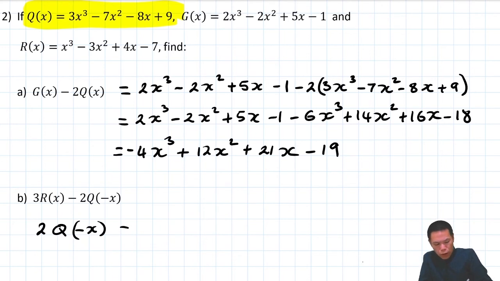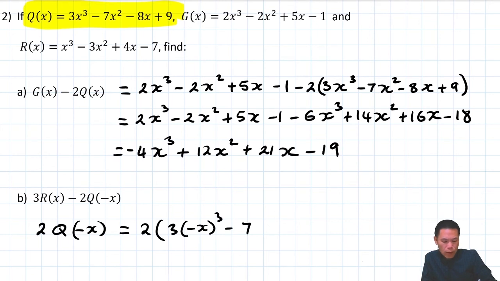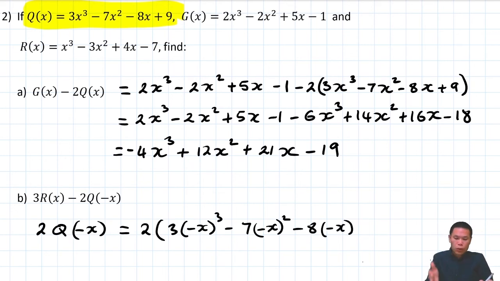And I just write equal to bracket 3x to the power of 3, which is 3 times negative x to the power of 3. And then minus 7x squared, which is negative x all squared. And then minus 8x, but x is replaced with negative x because q of negative x, okay? Don't forget. And we add 9.